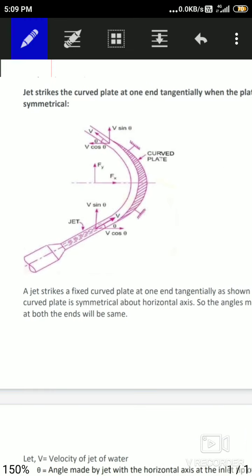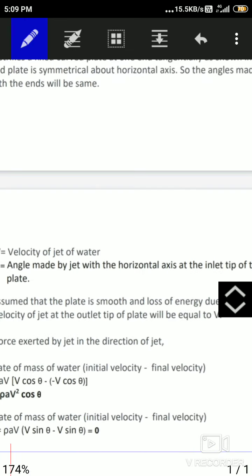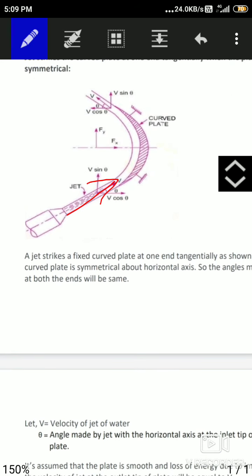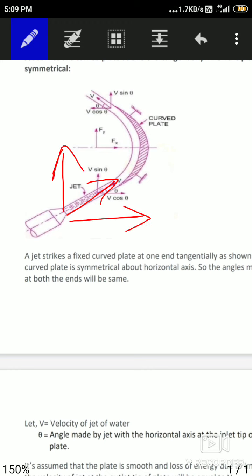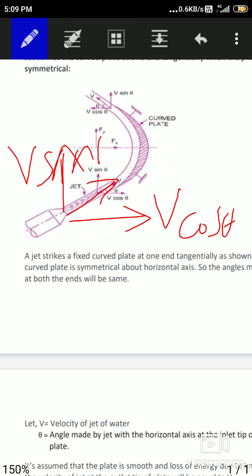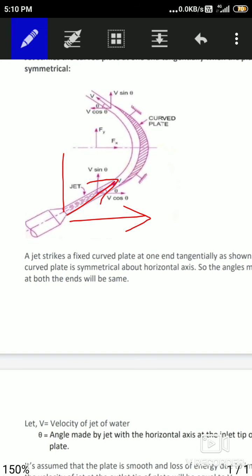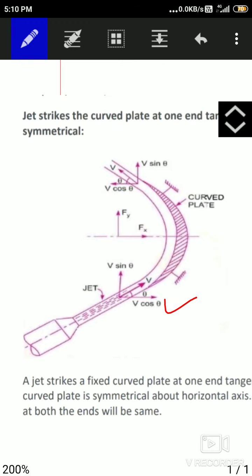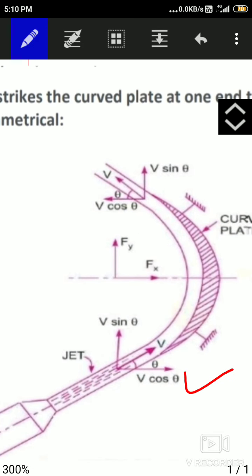Okay, so let's see. This is the velocity of the jet and it has two components. This is one component, this is another component. This component is v cos theta, this component is v sin theta. And that is already written in the figure. Here it is written v cos theta, and at the exit or at the outlet the horizontal component is v cos theta.